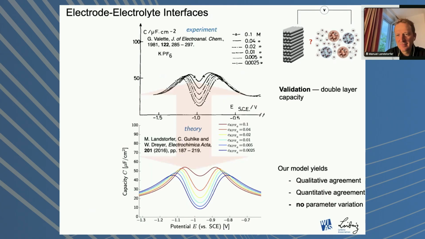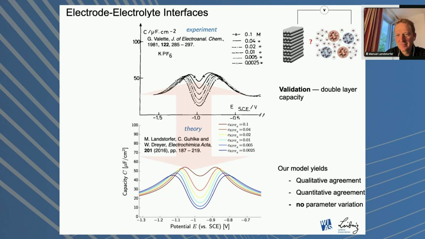Just as a teaser, this is where we are already. On the top, you can see a measurement of the so-called differential capacity as a function of electrostatic potential. This is the x-axis. And on the lower part, you can see what our model yields. Yeah? So we can really achieve a very broad qualitative and quantitative agreement with respect to applied voltage E and also with respect to salt concentration C without any artificial parameter variation.